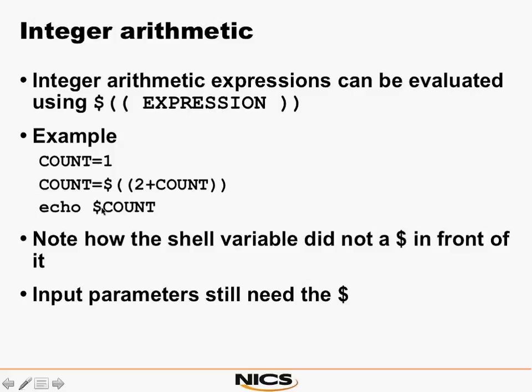The point here is that the $ sign does not need to be in front of the count variable if you're forming an arithmetic expression. If you're dealing with input parameters, you still need the $ sign. For instance, if you wanted to add the second parameter, you put $2.